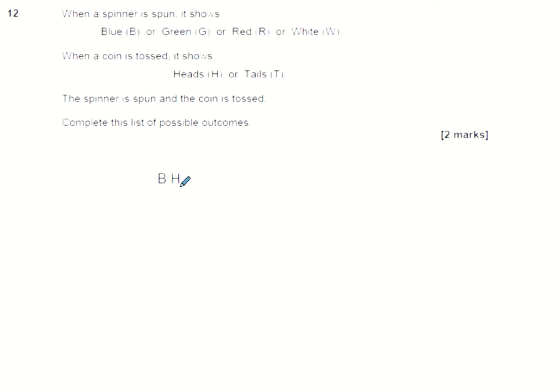So we already have the situation where we have spun blue and got heads from the coin. The other possible outcome for that one would be whether we spun blue but got tails instead. We've now got this same situation with each of the different colours.